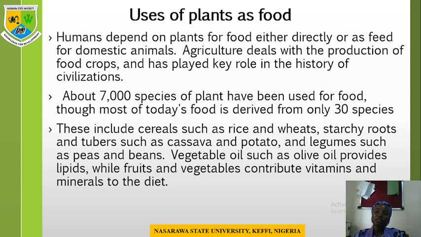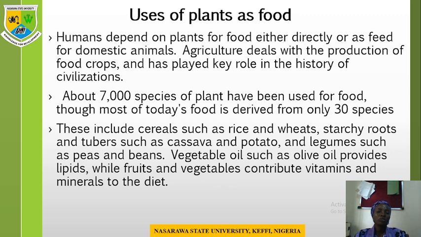Uses of plants as food. Humans depend on plants for food either directly or as feed for domestic animals. Agriculture deals with the production of crop plants and has played a key role in the history of civilization.